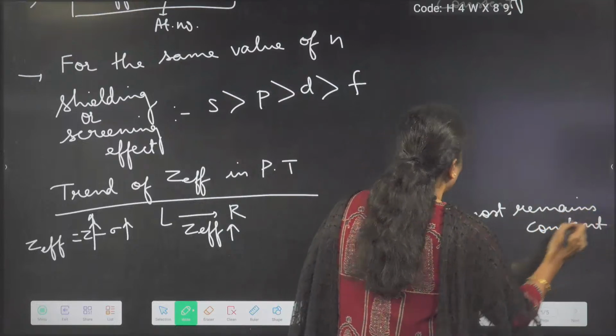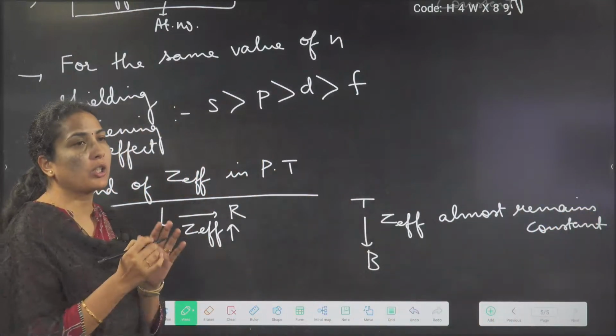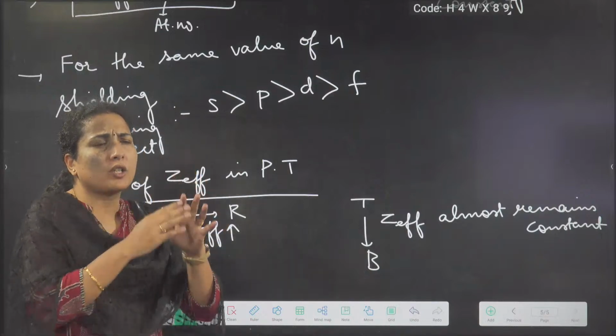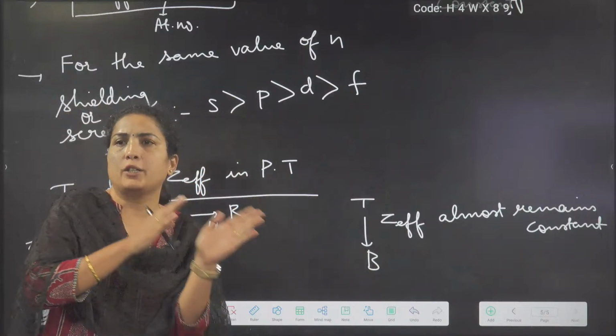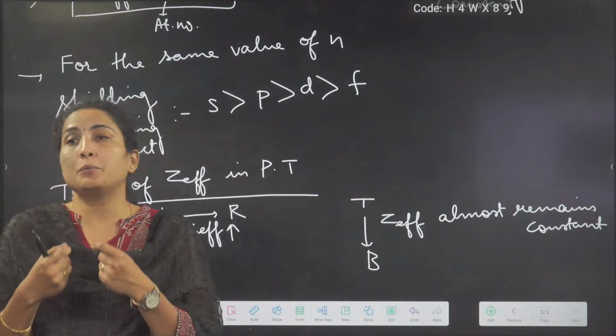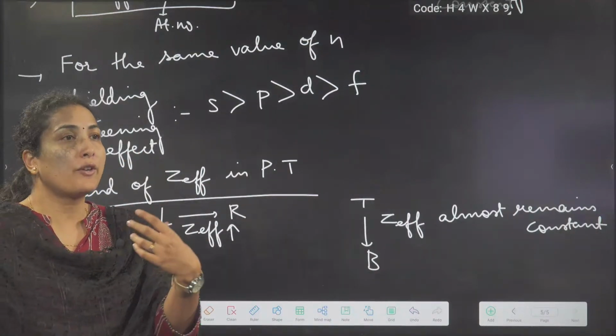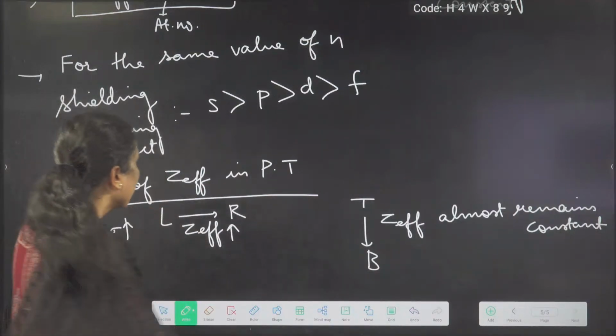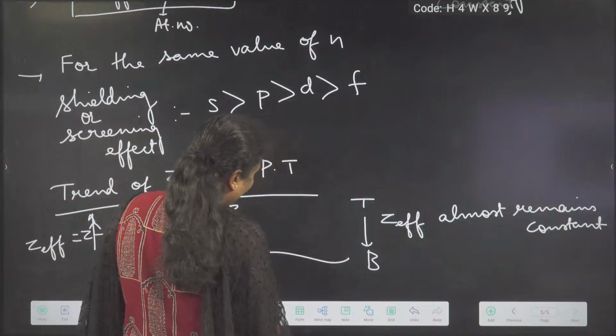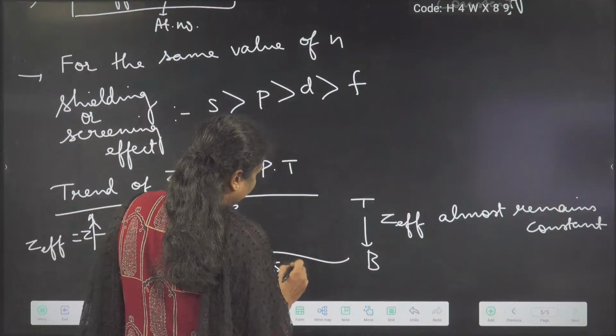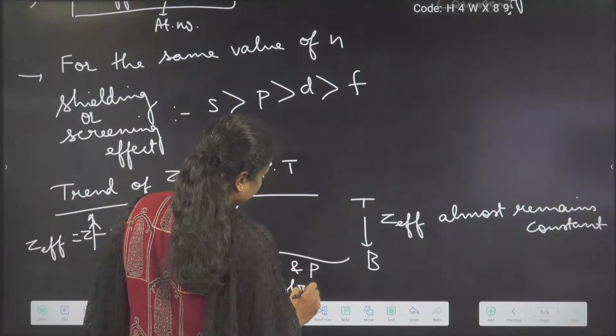Okay? And remember, when I'm talking about Z effective almost remaining constant, or whatever the Z effective is from left to right or top to bottom, the context is of S and P block elements.